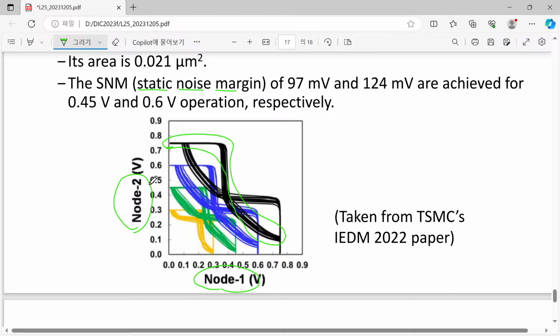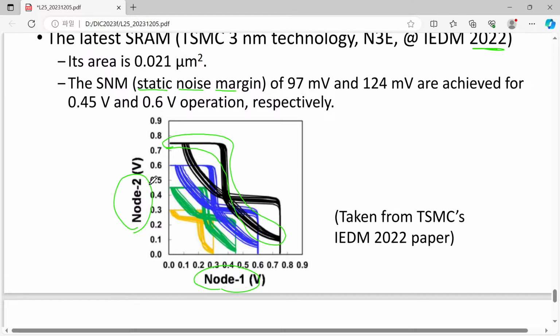You have SRAM, you have one storage and another storage which should be complementary. So you just select these two node voltages. Then maybe you feel a little bit weird. What is the weirdness? Please have a look at your black curve.